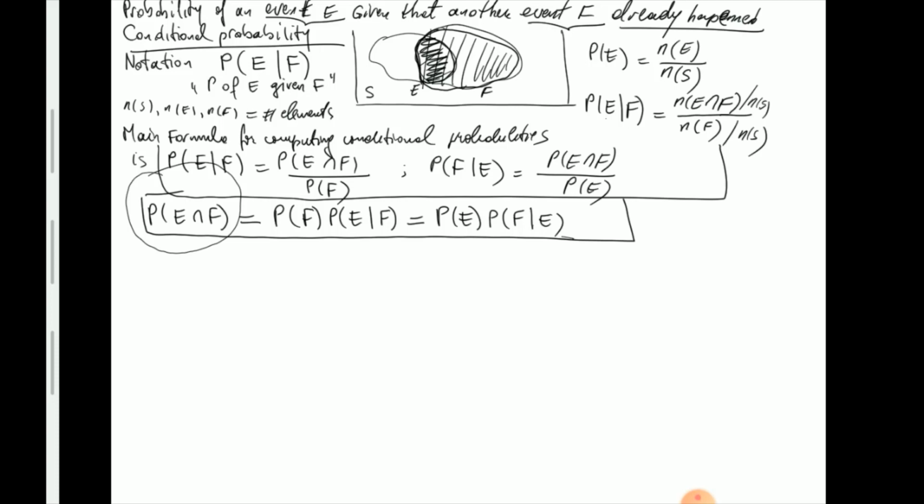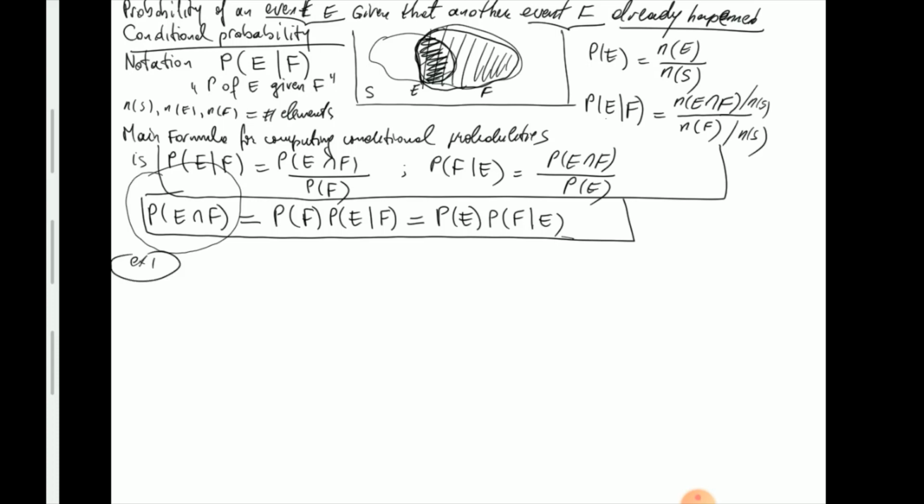So for now, for the rest of this page, I just want to go over a couple of quick examples so you can see how this formula works. And then we're going to move on to some word problems just to see how it works in some cases. All right, so let's see an example.